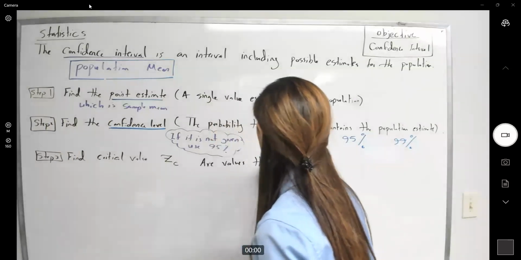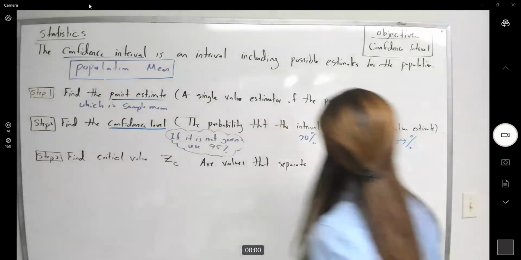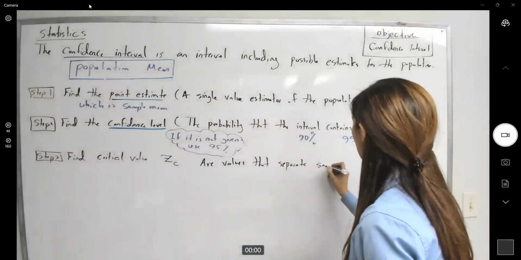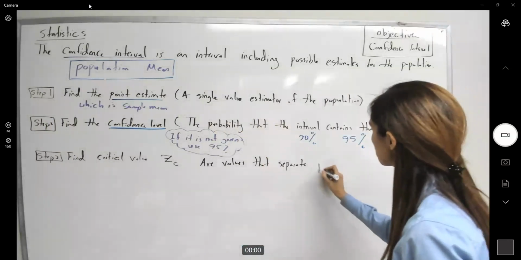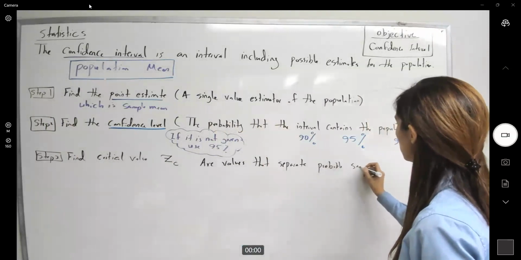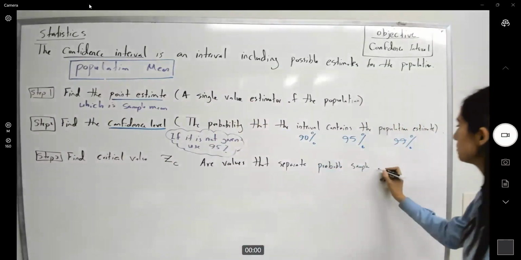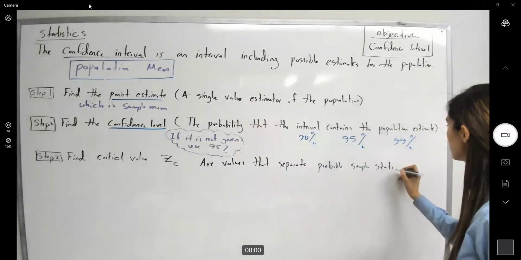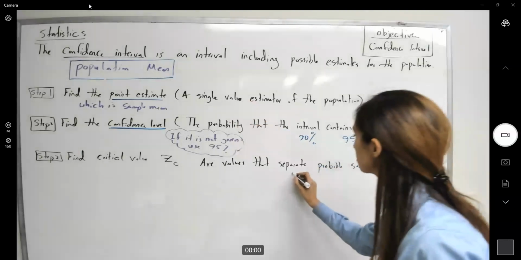Z sub C, or critical values, are values that separate the probable sample statistics, which in this case is the sample mean, from the improbable ones.